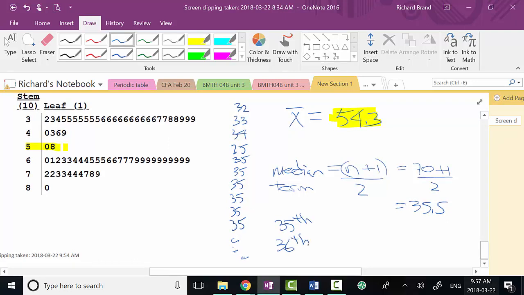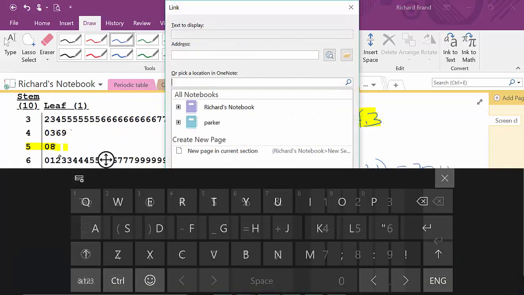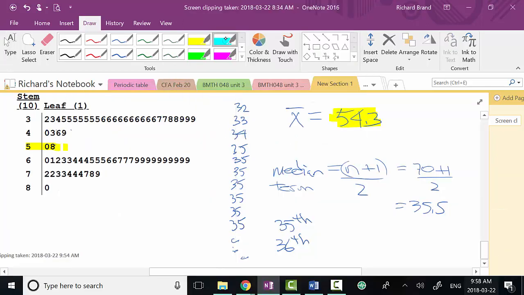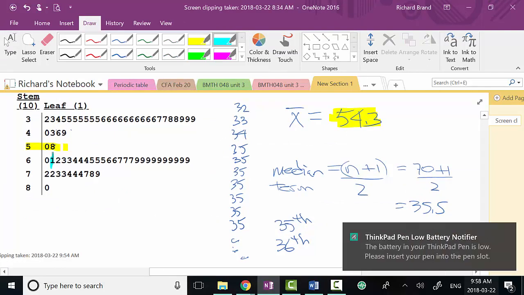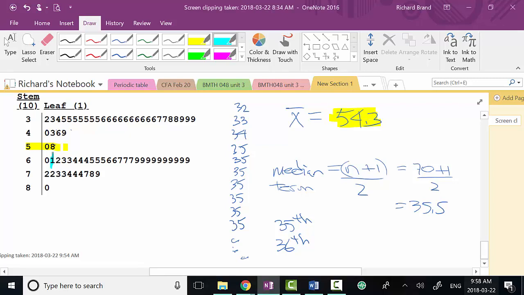Well, let's count. 1, 2, 3, 4, 5, 6, 7, ... 27, 28, 29, 30, 31, 32, 33, 34, 35. So 61 is the 35th term, and the 36th term is 62.